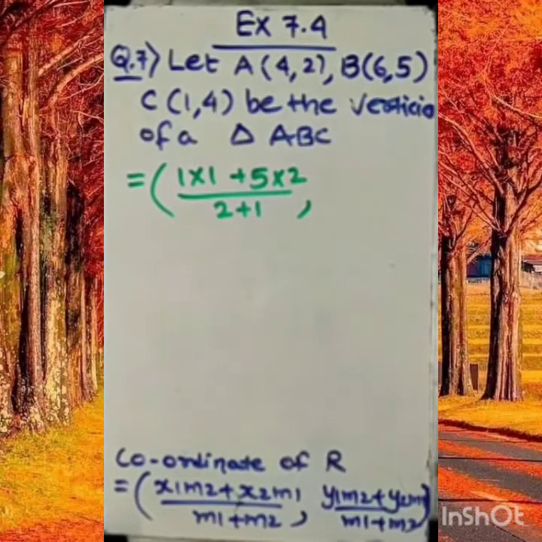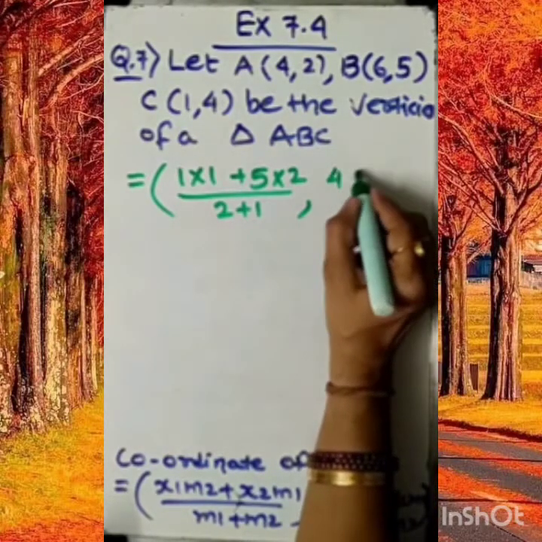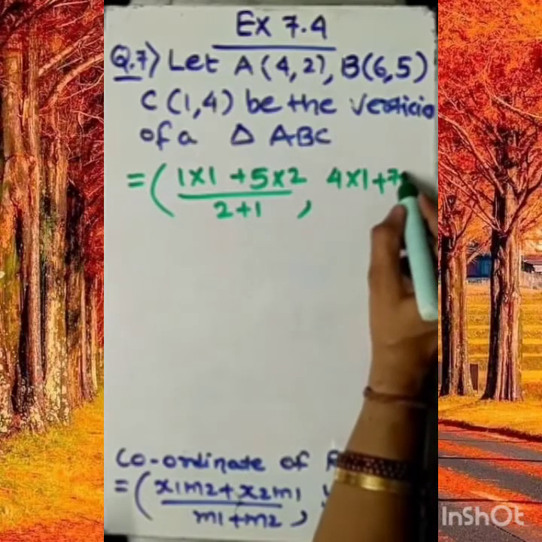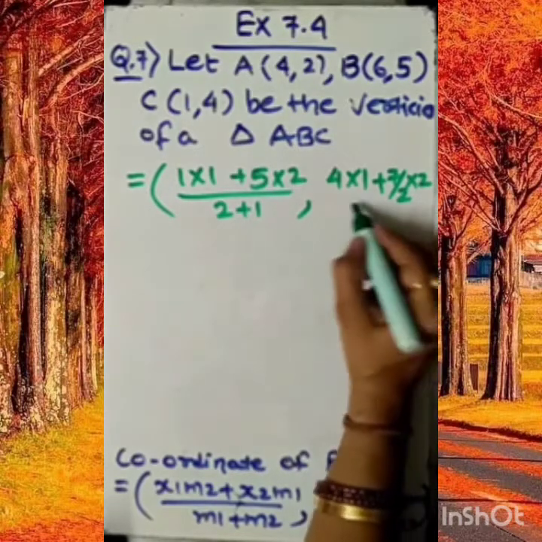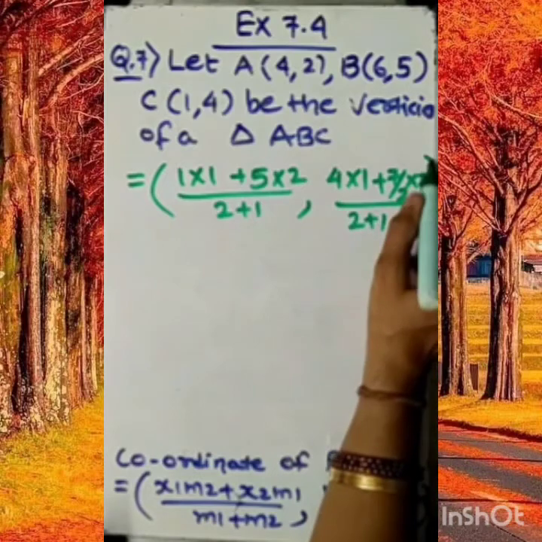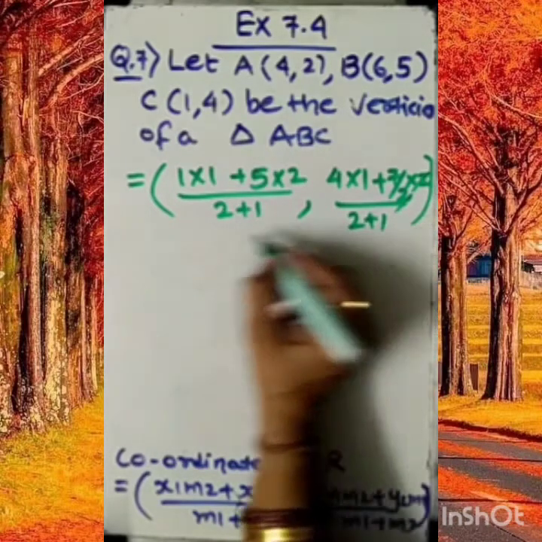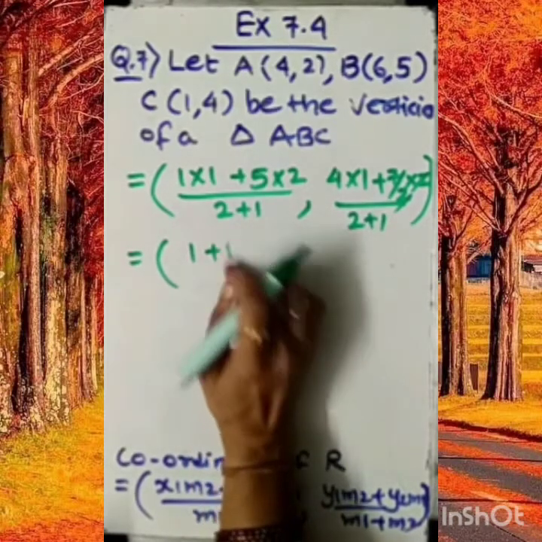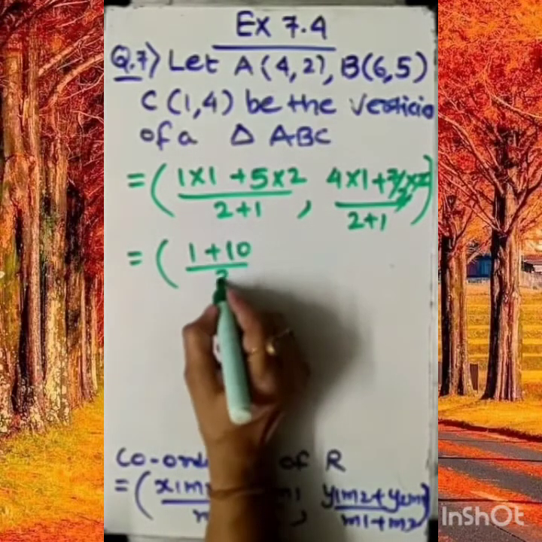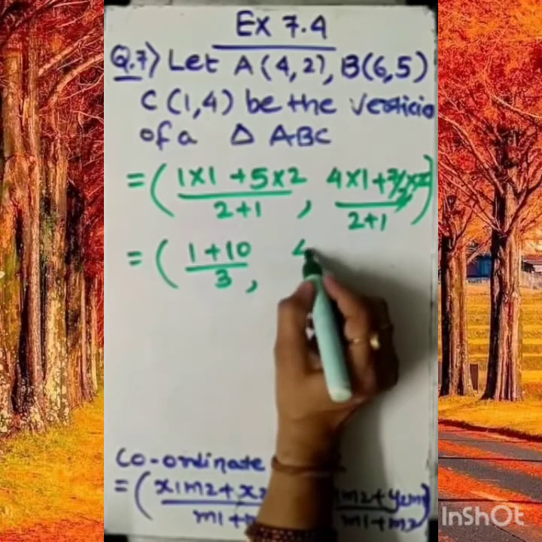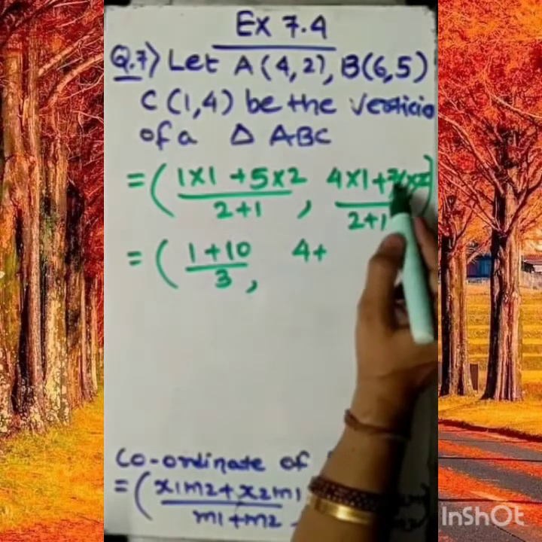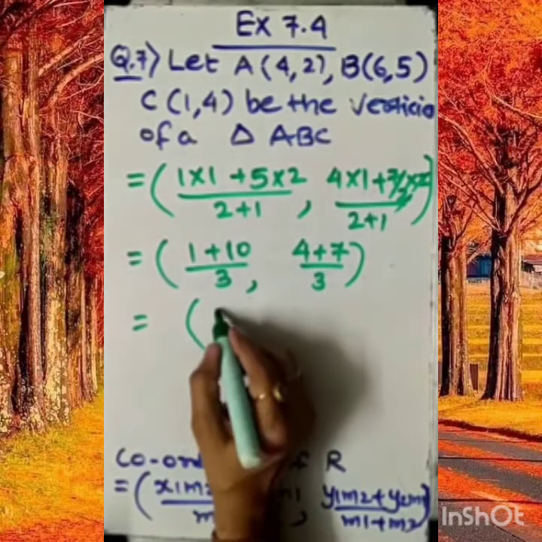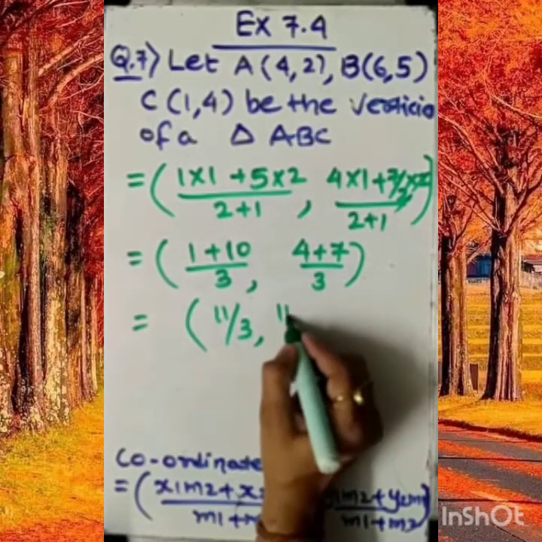On this side it will be 4 into 1 plus 7/2 into 2, upon 2 plus 1. So this 2 will be cancelled. What is left? 1 into 1 is 1, 2 into 5 is 10, divided by 3; 4 into 1 is 4, plus 7, and this is 3. So the sum is coming 11/3, comma 11/3.